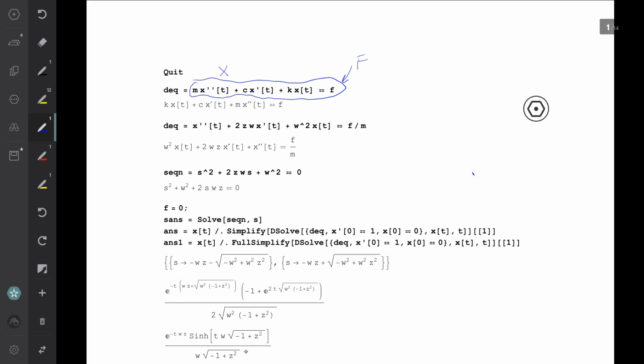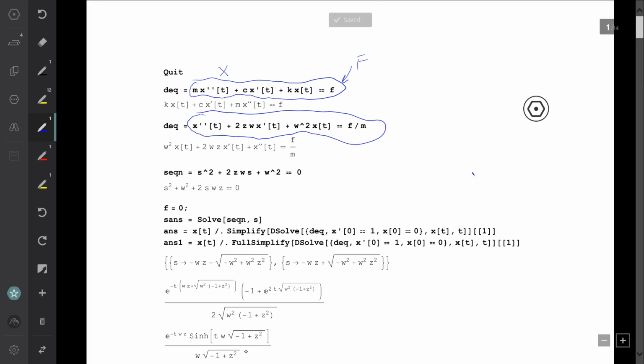One of the things that I would expect you to do is to put this equation into standard form. So a second order equation with standard form is given in this one, which is fairly simple. What you want to do is make sure that you match up all of the parameters in each equation. So in the second equation, in front of the x double derivative, there's a 1.